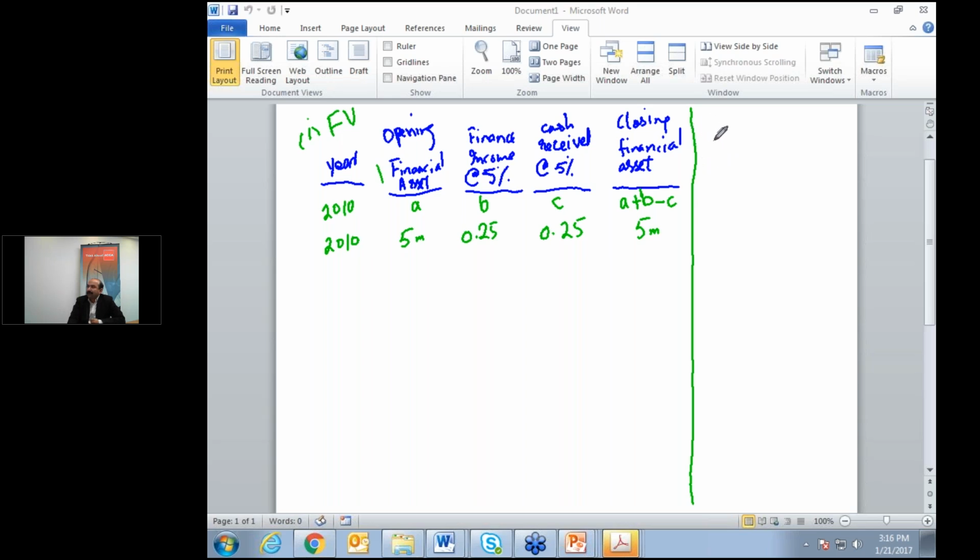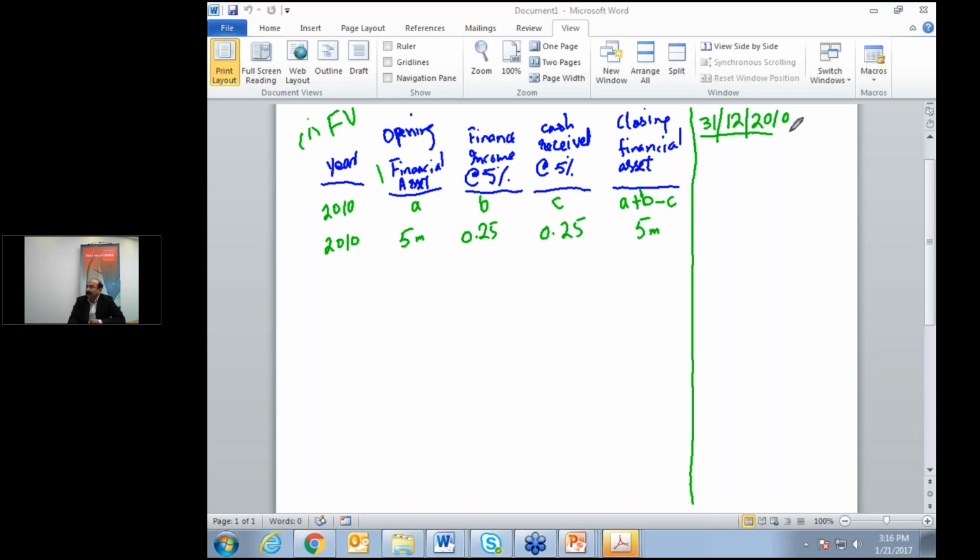So due to this change, fair value of this financial asset is changed. We shall be recalculating the fair value of this financial asset on 31st December 2010.